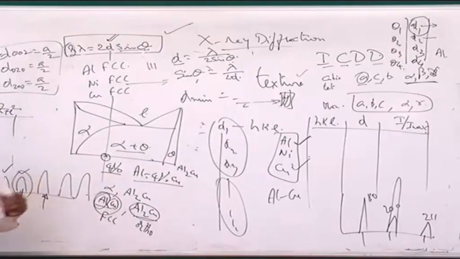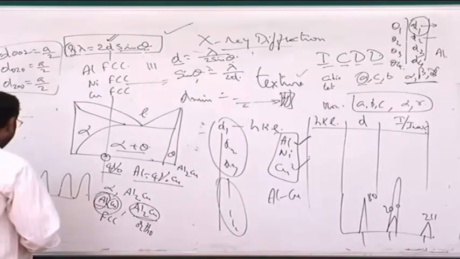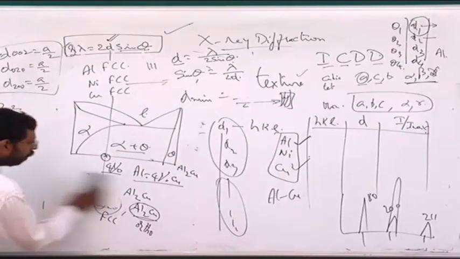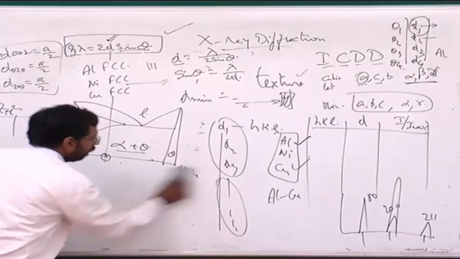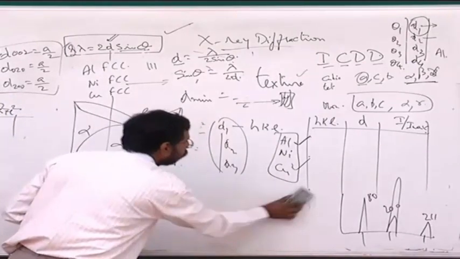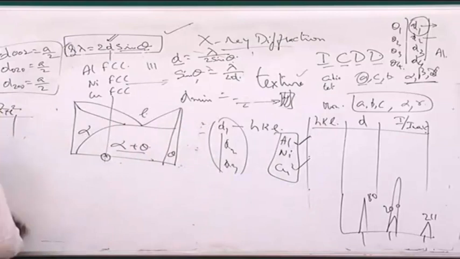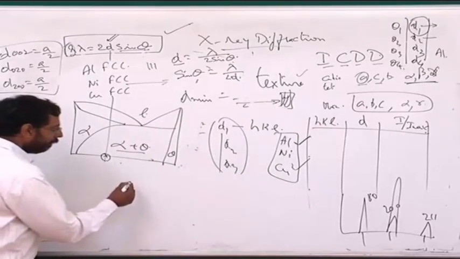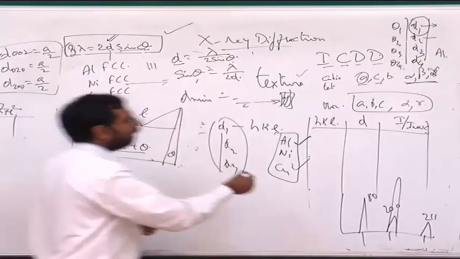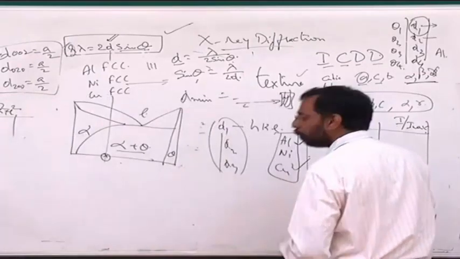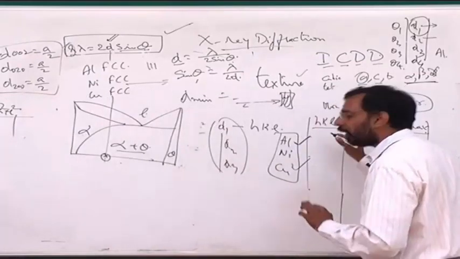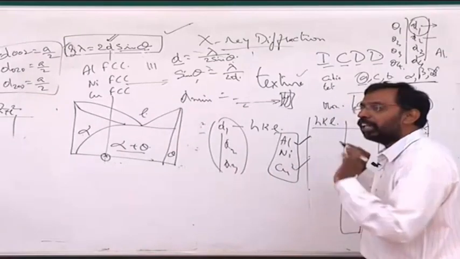And while doing that, you also have to make sure of one aspect, that the intensities have to be taken care of. For example, usually in any material the most important thing is the first 3 most intense peaks.